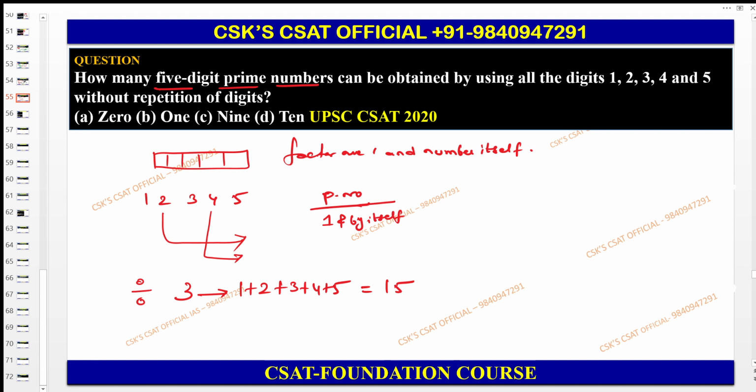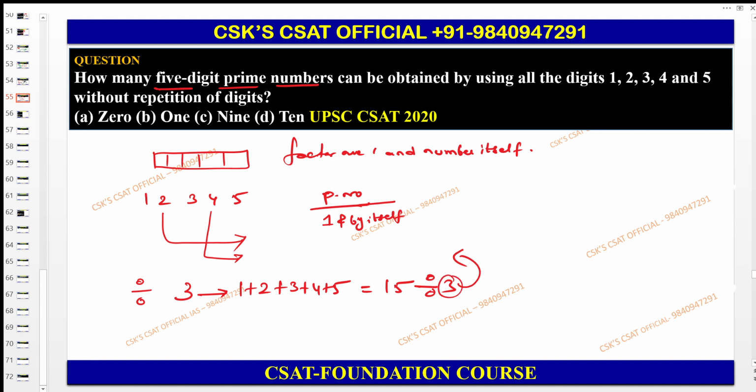Even if you change the order of the 5-digit number, the sum remains 15. Since 15 is divisible by 3, the number has another factor, and that factor is 3.